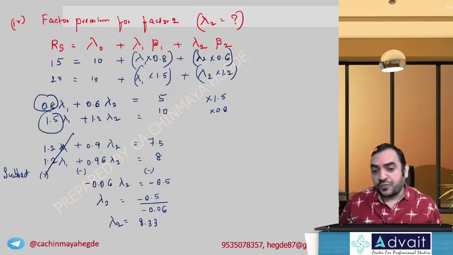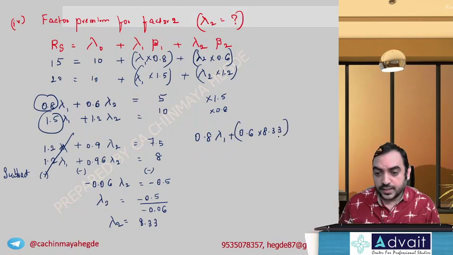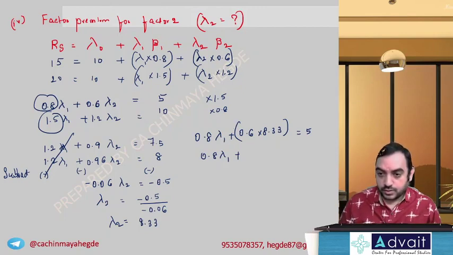You can also do it for factor 1 by simply substituting. Let's quickly do it for our reference. Substitute in this equation: 0.8 lambda 1 plus 0.6 into 8.33, which is what we calculated, equals 5. 0.6 into 8.33 gives 4.98, let's say 5.